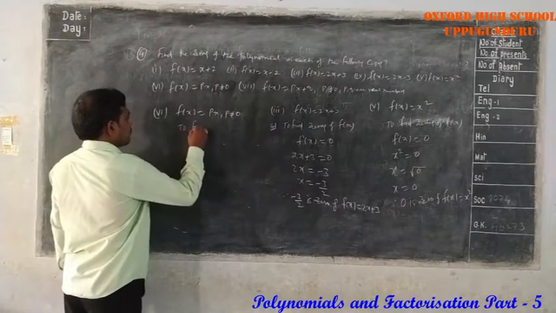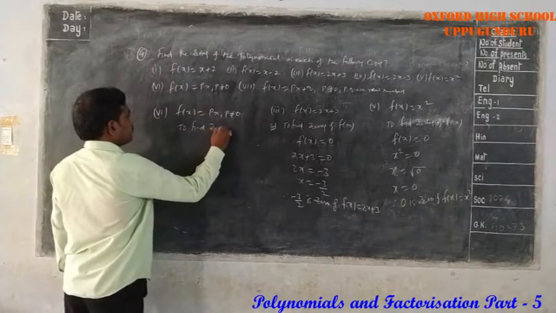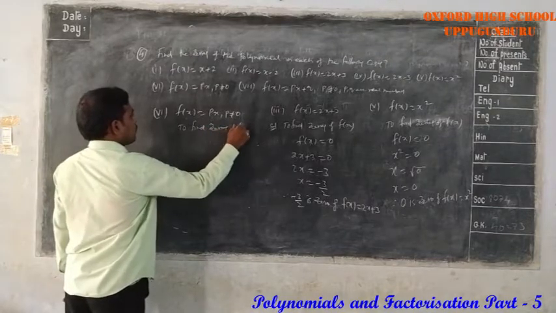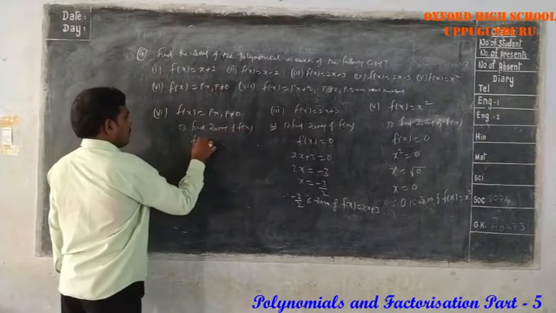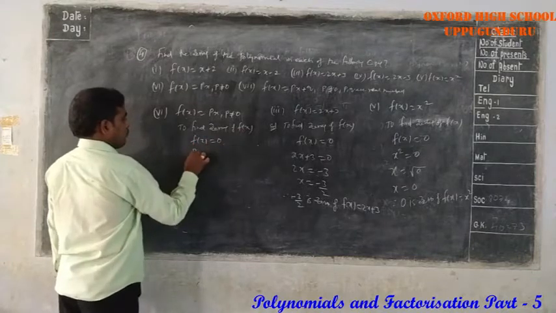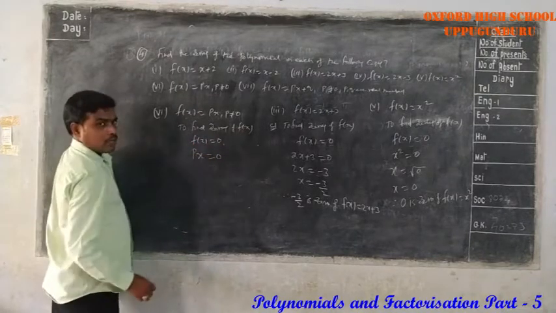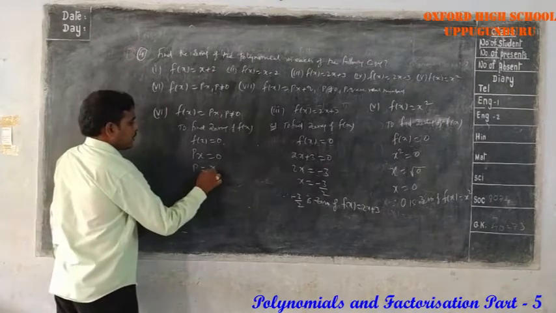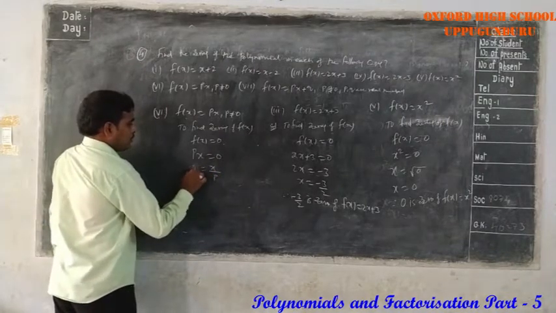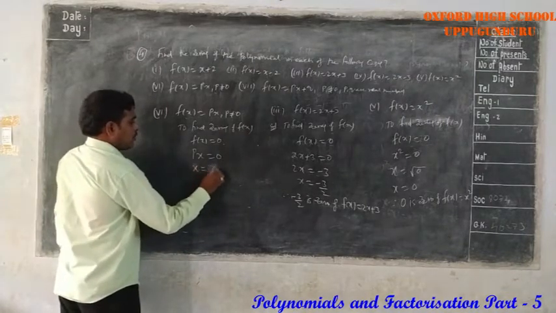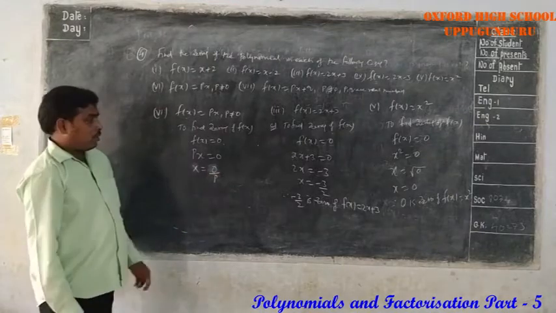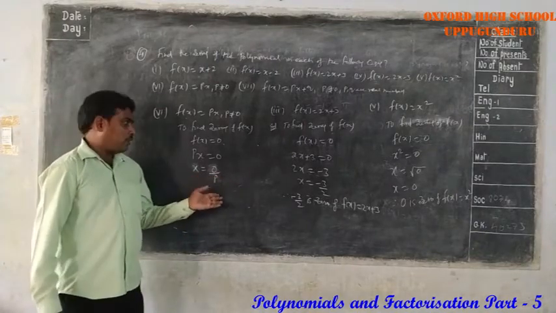To find zeros of f of x, f of x should be 0. f of x value is px equal to 0. Sorry, x equal to 0 by p. So it would be 0 by p.